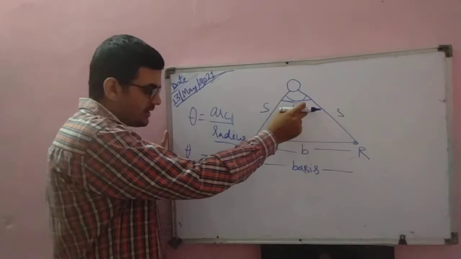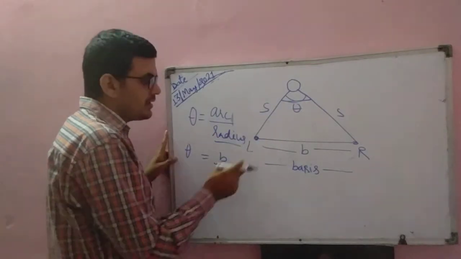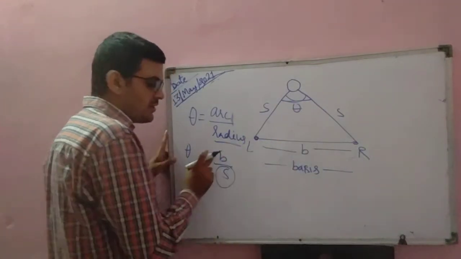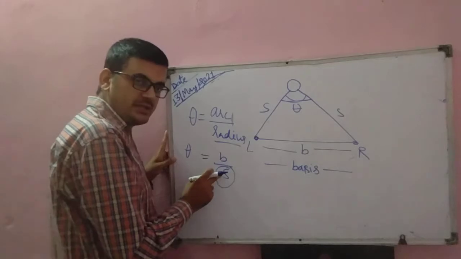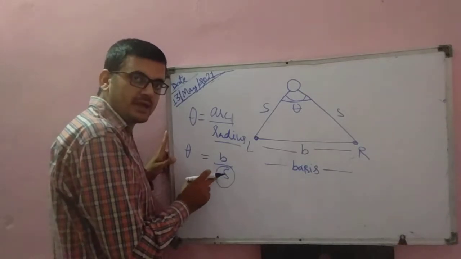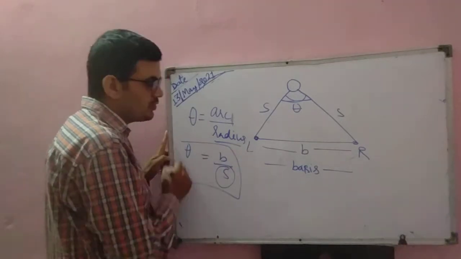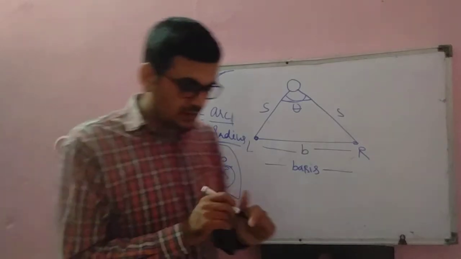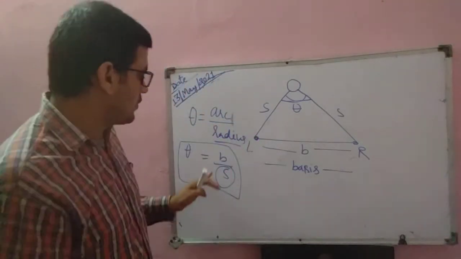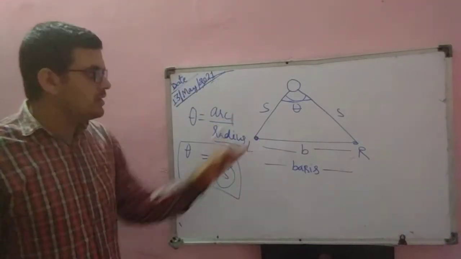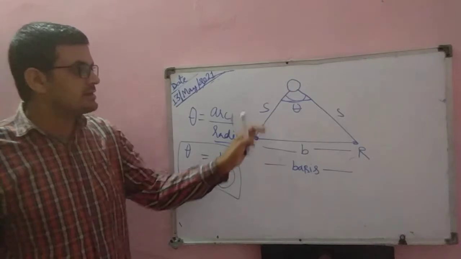If we know the angle and the basis, we put the values here and easily calculate S. So theta equals B over S, and we can calculate the distance.